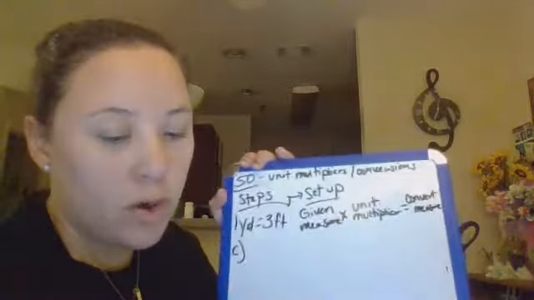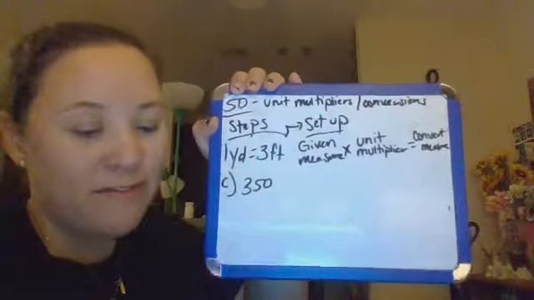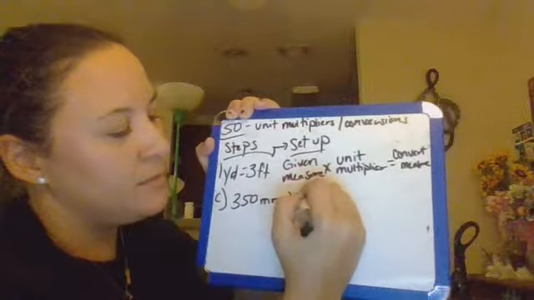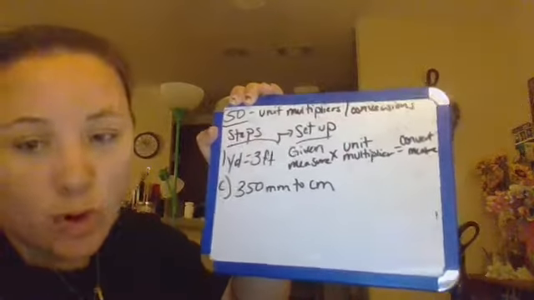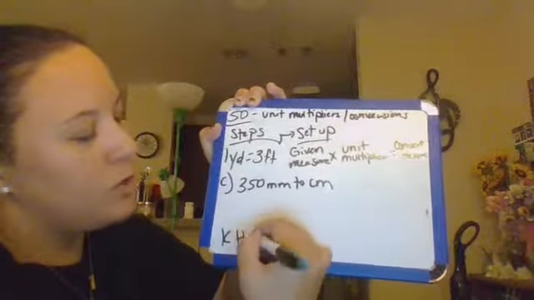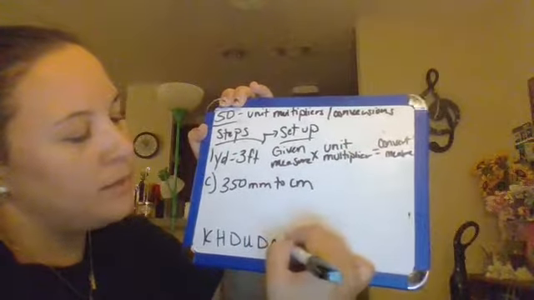So this one we're going to go just across the metric system. So we have 350 millimeters to centimeters. And if you need to remember how the metric system works, it's King, Henry, drank, unusually, dark, chocolate, milk.